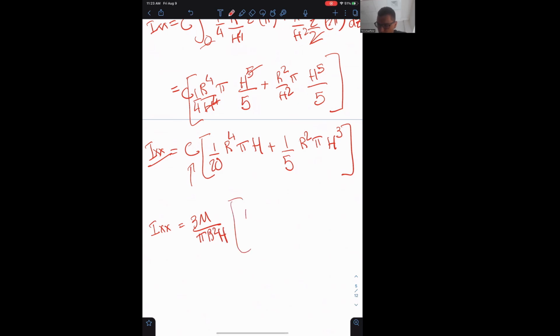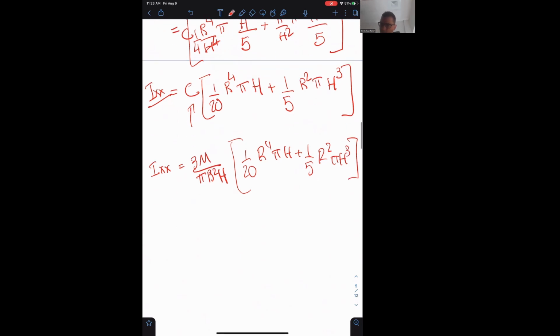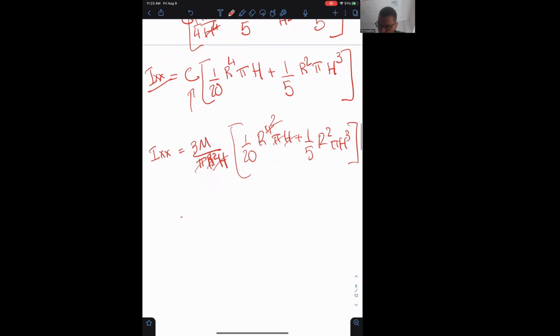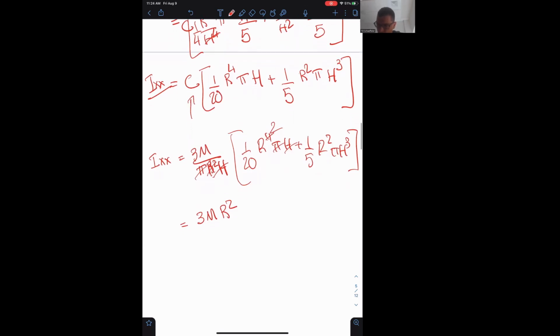If we multiply that through, this h cancels, pi cancels, this is r squared, then r squared. So the first term is just 3m r squared, no h, divided by 20.